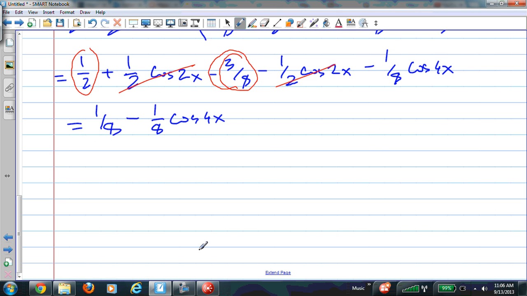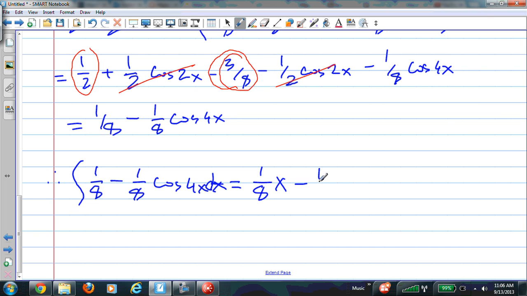My original problem turned into this. So therefore, that's what I have to integrate. Integrating 1/8 minus 1/8 cosine of 4x dx equals 1/8 x minus 1/8 times the integral of cosine of 4x, which is sine of 4x, but I also need 1/4 to offset the 4 on the inside.